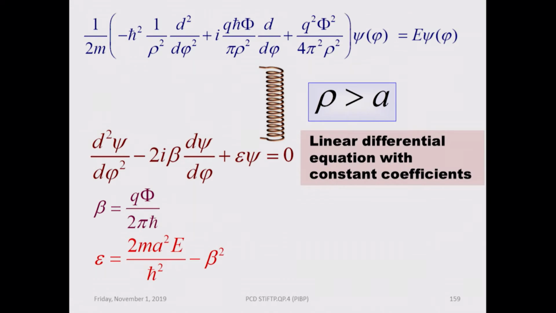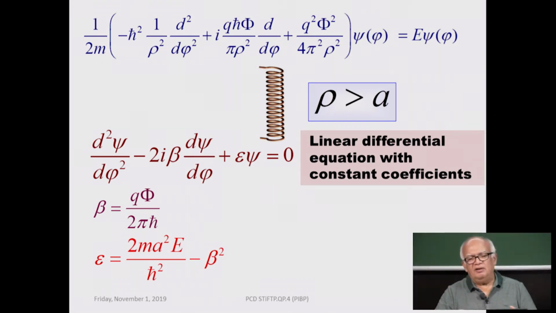If you look at this equation, this is nothing but a linear differential equation with constant coefficients. You can deal with the equation at the top, but then you have to write too much because you have to write q phi over 2 pi h cross every time and so on.